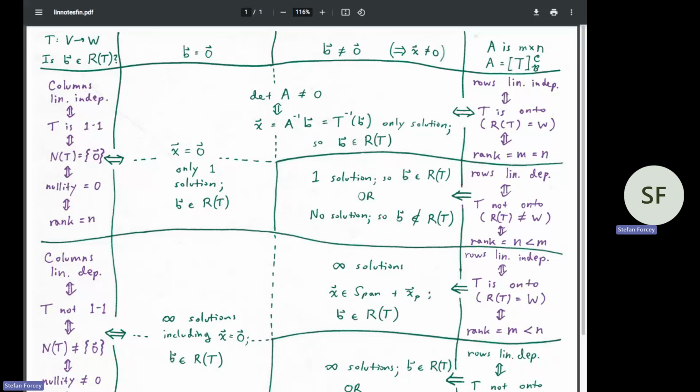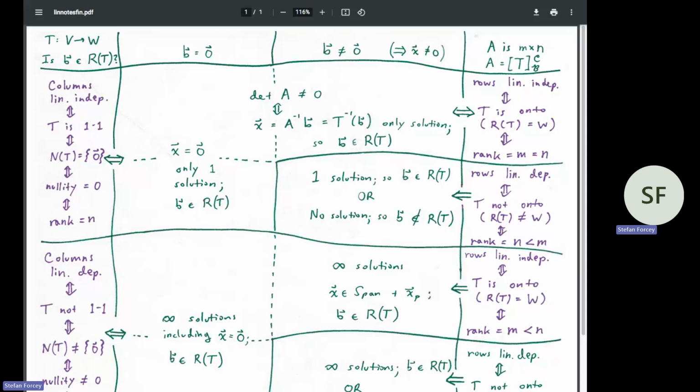So now we have, for instance, if the columns of A are linearly independent on the left, the top half, then we know that T is 1 to 1, and that the columns will each have a pivot.